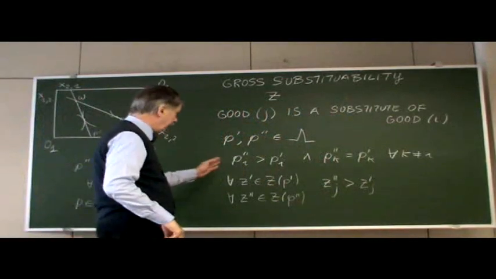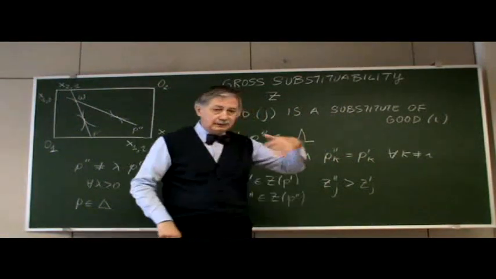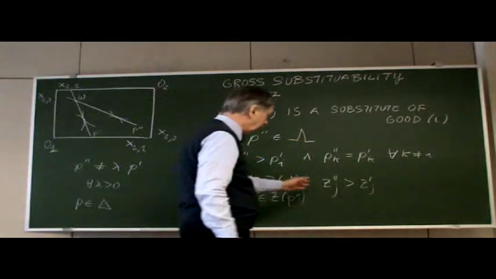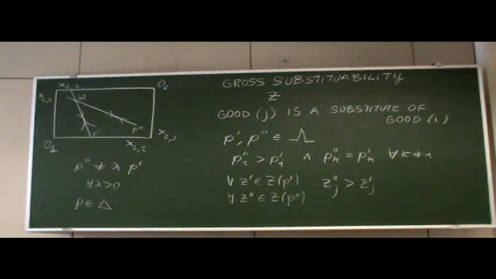When the price of good I increases while all the other prices remain unchanged, the excess demand of good J increases as well.